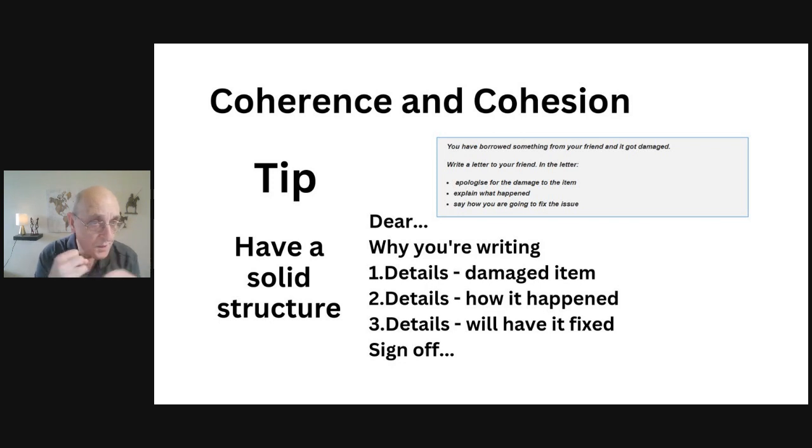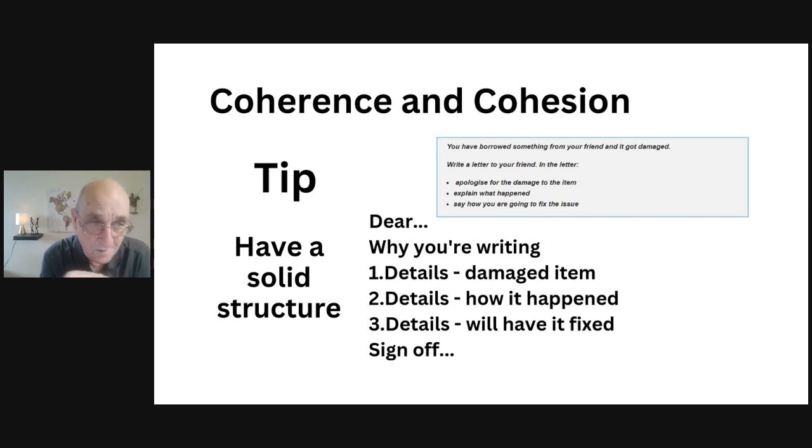First of all, you just begin with saying, "Dear friend," and then you say why you're writing. I've borrowed something and it's become damaged. And then I'm going to give some details about the damaged item and apologize. I'm going to mention the item. And then my second paragraph is going to explain how it happened.